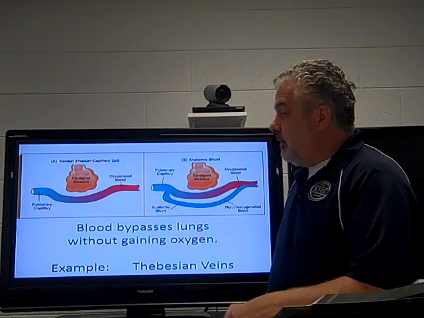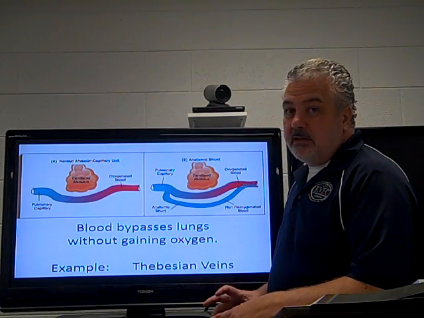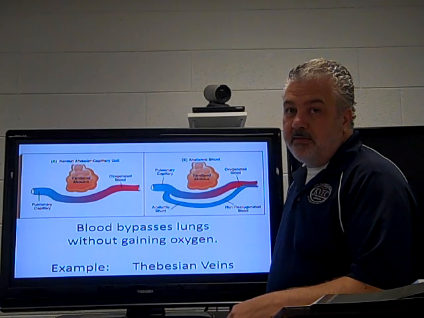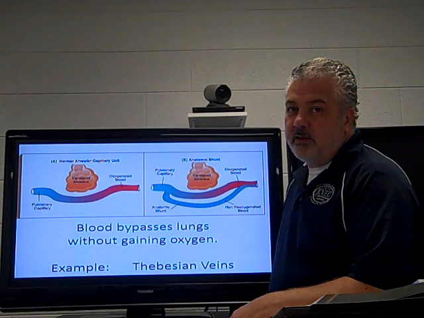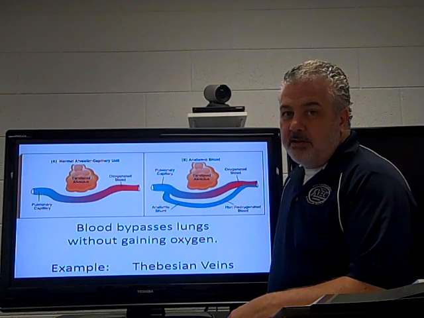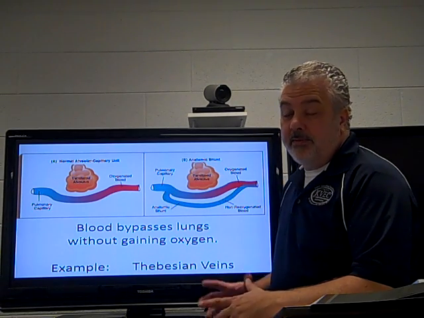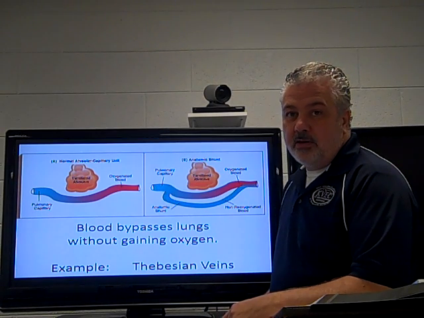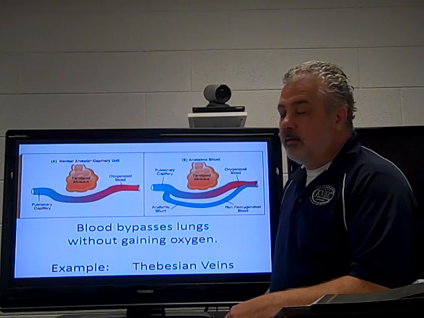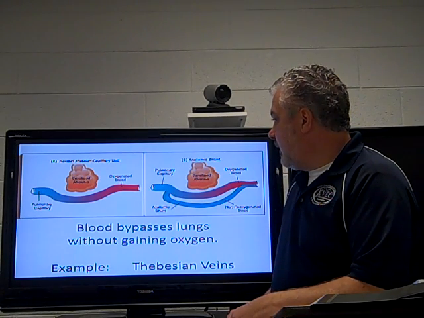Those are veins that drain their deoxygenated blood directly into the left side of the heart. Thus, it's not a perfect system, and the oxygen saturation is normally not 100%, and that would account for why that is.